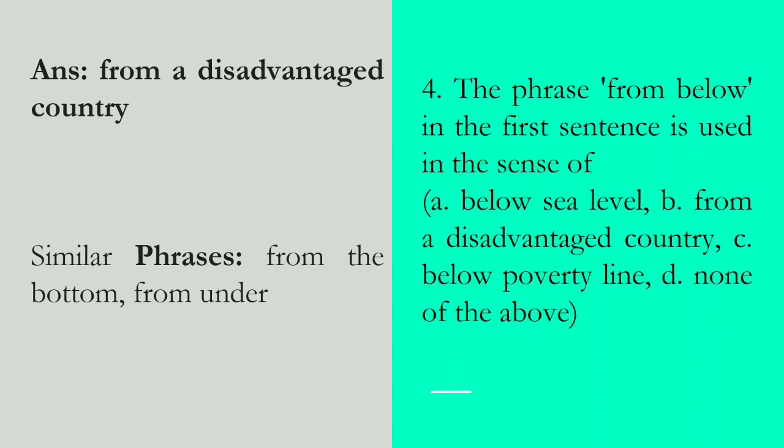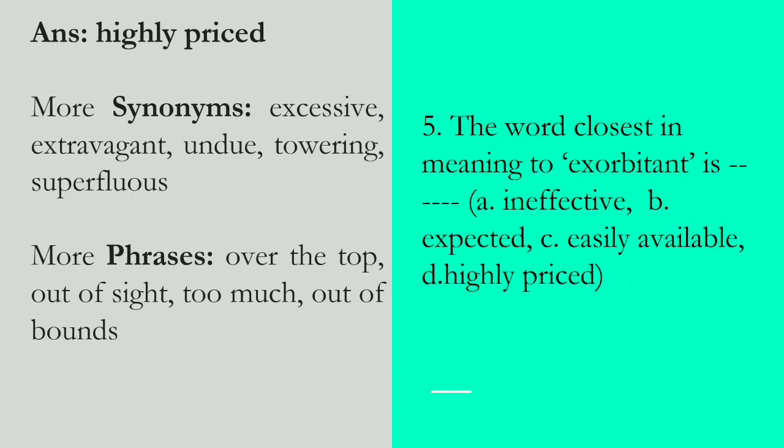Now coming to the fifth question. The word closest in meaning to exorbitant, the options are ineffective, expected, easily available, highly priced. You can see this word exorbitant towards the middle of your second paragraph.